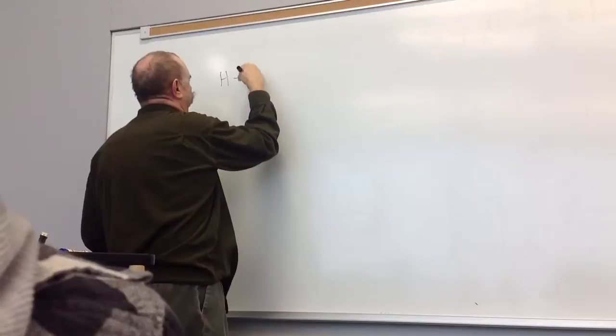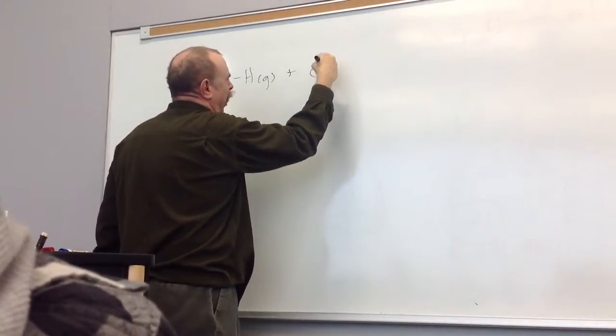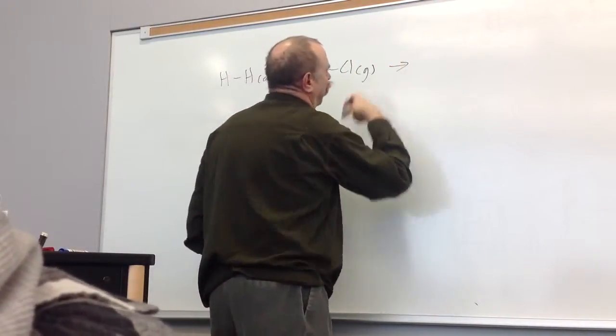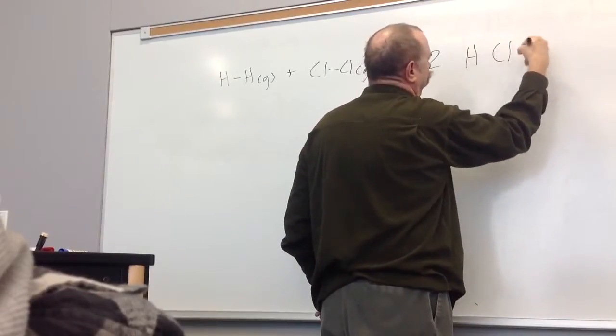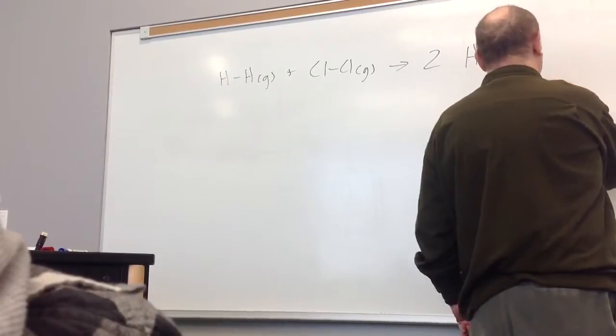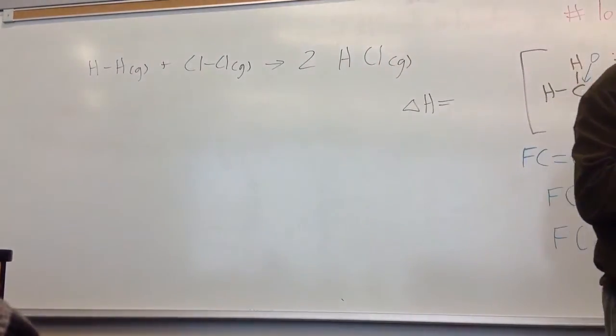If I were to take H2 gas and Cl2 gas, could I perhaps end up making 2 HCl gas molecules? And then maybe ask you what would delta H be for that reaction?